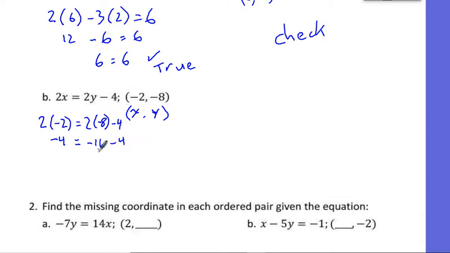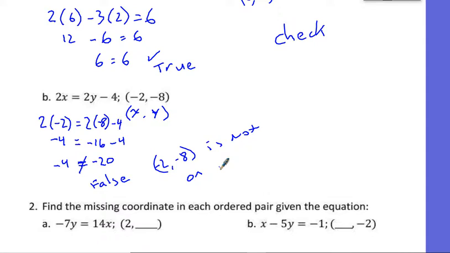Negative 16 minus 4 is negative 20. Negative 4 does not equal negative 20. This statement was false, and therefore the point negative 2, negative 8 is not on the line 2x equals 2y minus 4.